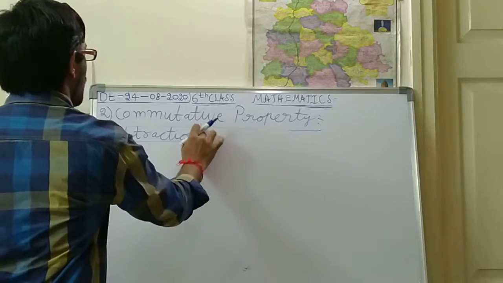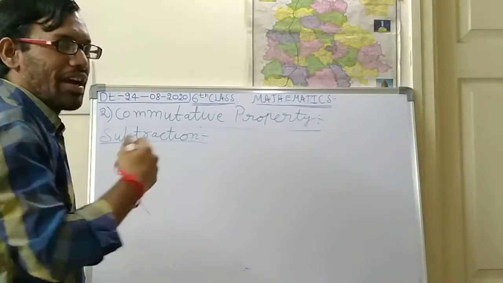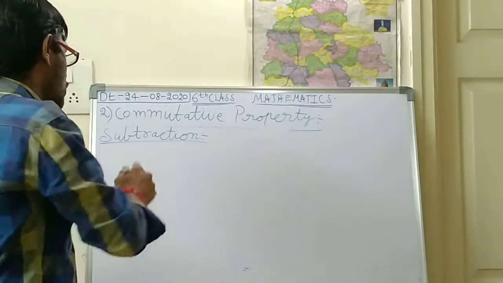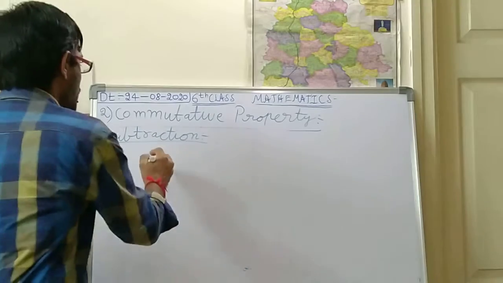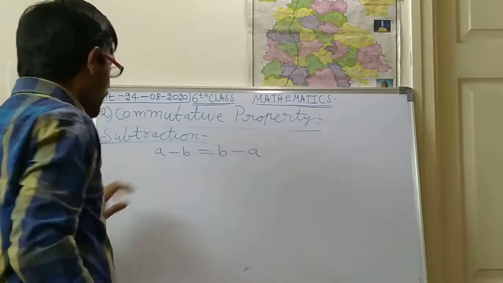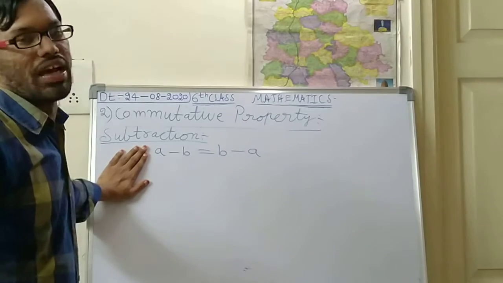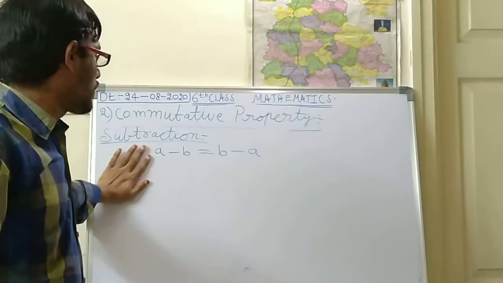Instead of plus and times, you keep the subtraction symbol. That means A minus B should equal B minus A. If this is satisfied, then the subtraction property will be satisfied. So like this you have to check.